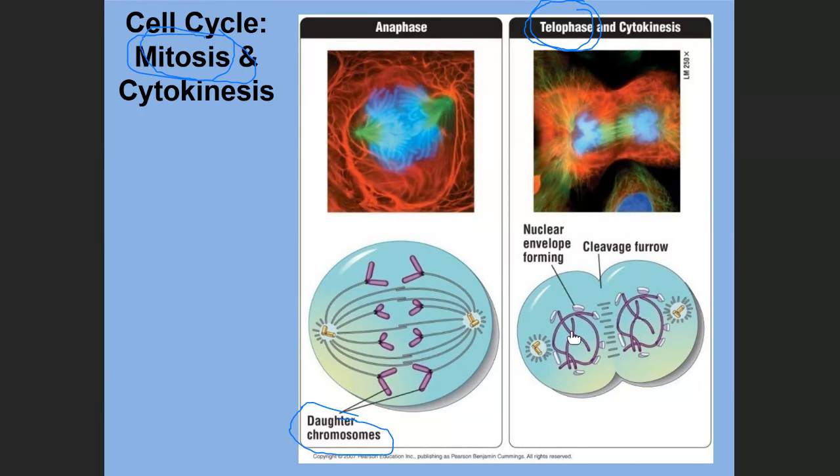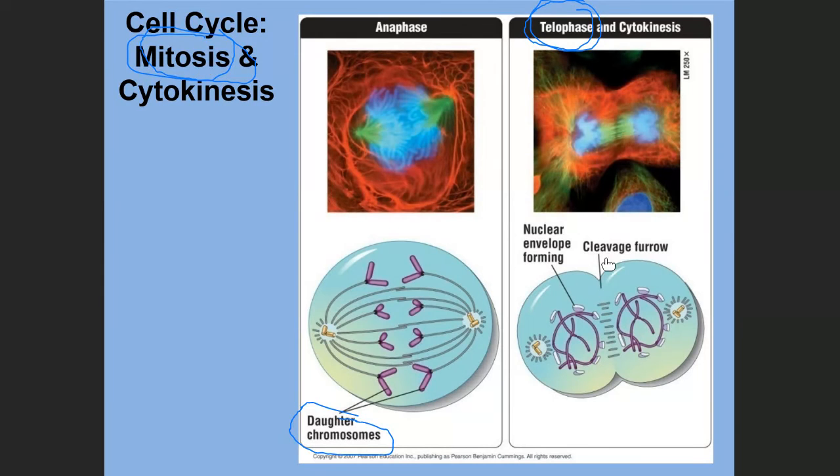Nuclei is plural, nucleus is singular. So then why the heck do they put cytokinesis here with telophase? It's because the division of the cytoplasm overlaps with the last phase of nuclear division.